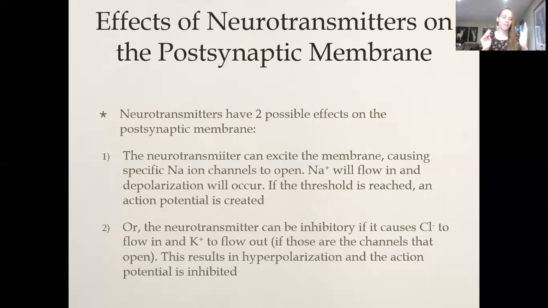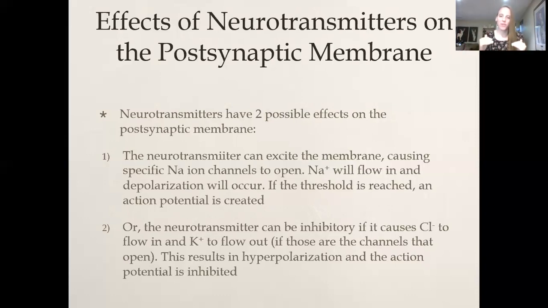So if you have an excitatory neurotransmitter, it leaves the axon terminal, goes across the synaptic cleft and binds with the receptors on the postsynaptic membrane, it's going to cause the postsynaptic membrane to open up the sodium channels.